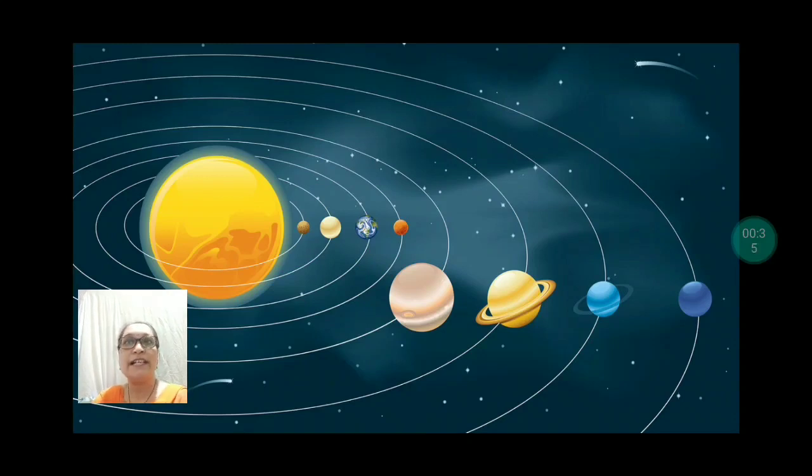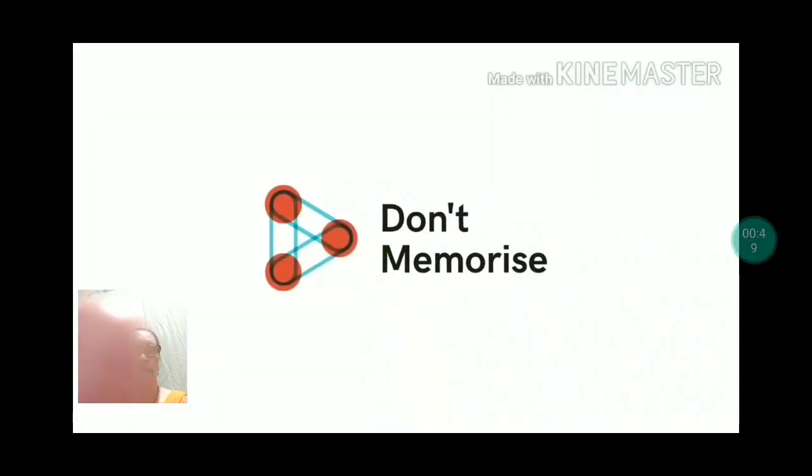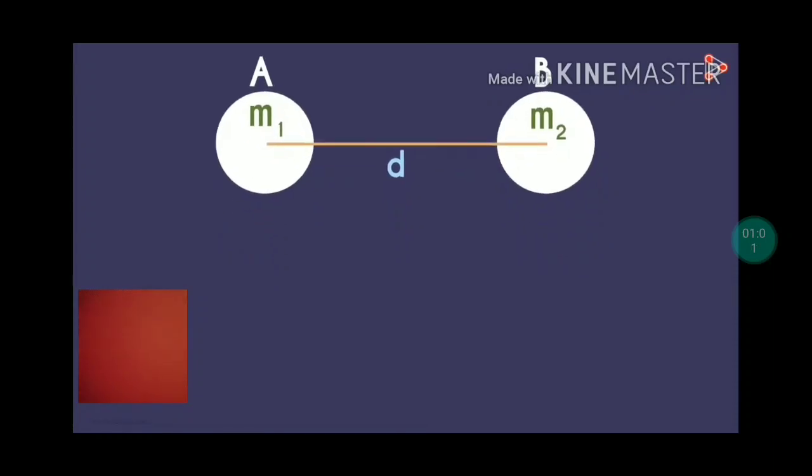Now, let's see a short video to understand the concept better. If there are two objects A and B with masses m1 and m2 separated by a distance d, then the gravitational force between them is given by this formula.